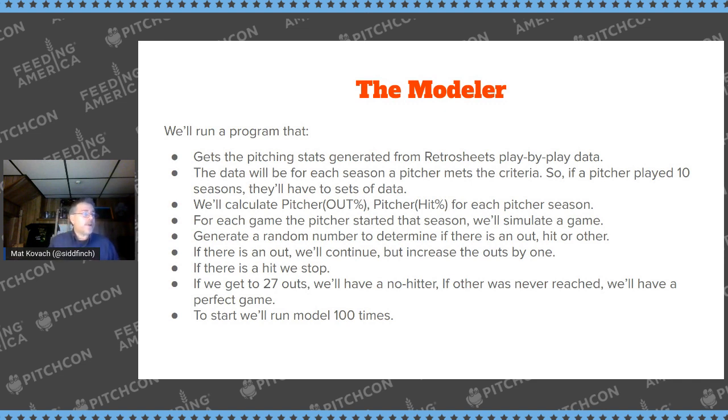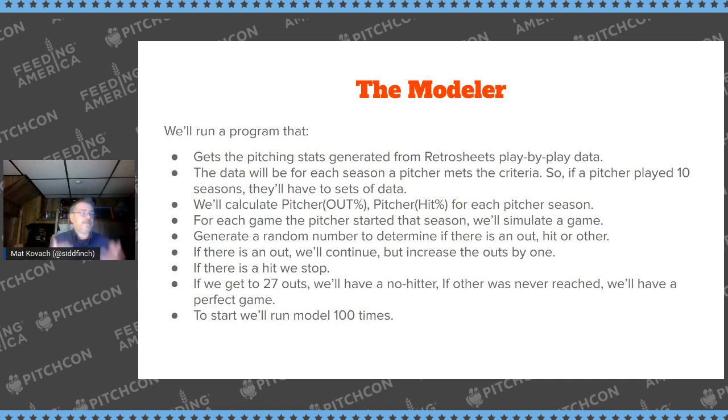So what I did is I created the stats for each pitcher season that met the criteria, which meant Roger Clemens is in there for 23 years. When I ran his data, I would do it for each year that he pitched, using his season stats. And then all I did, in the very simplest terms, since these are all percentages, is generate a random number.